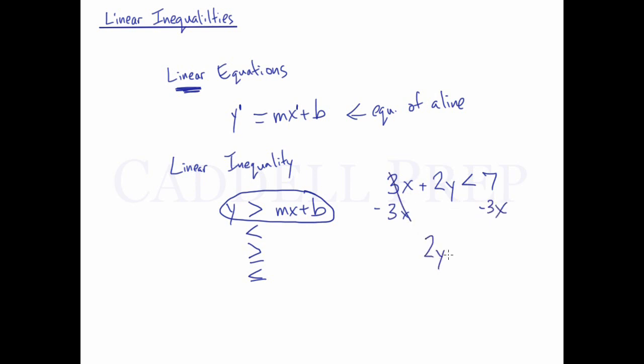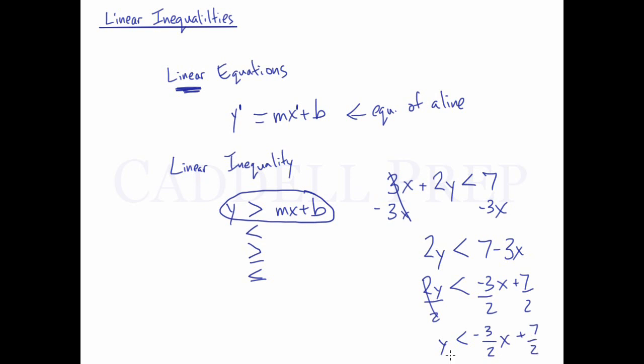We're left with 2y less than 7 minus 3x, which is the same as, we just change the order, negative 3x plus 7. Then divide everything by 2 to get y by itself. So y is less than negative 3 halves x plus 7 halves. So this is an example of a linear inequality.